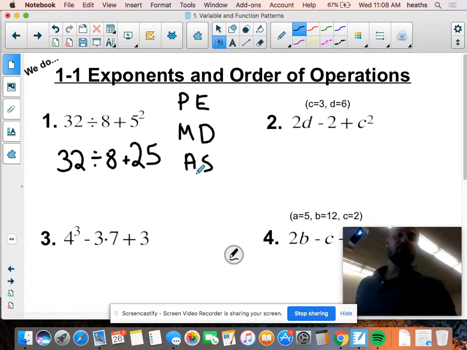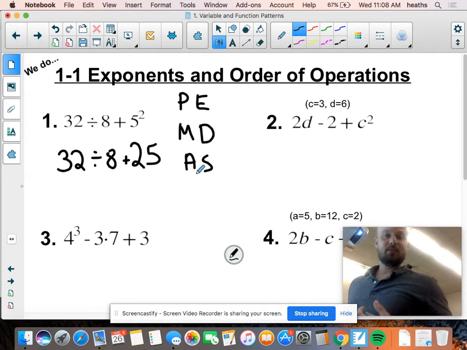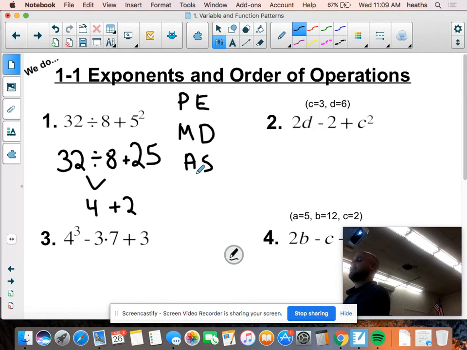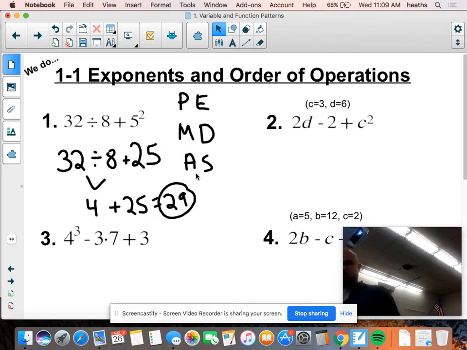Now we're presented with a division sign and an addition sign here. We're going to first take care of our division because that's the next step, multiplication and division. 32 divided by 8 is going to give us 4. And then finally we do 4 plus 25, which gives us our final answer of 29 for number 1.